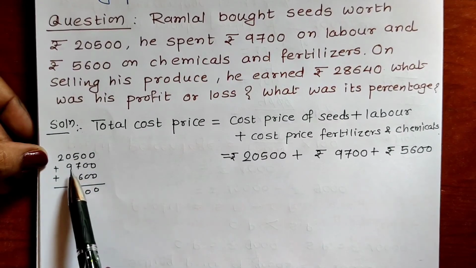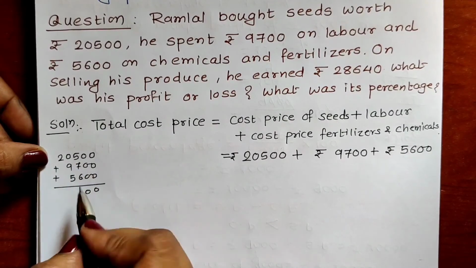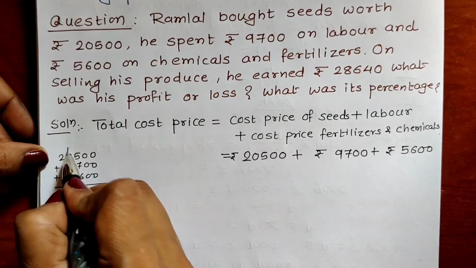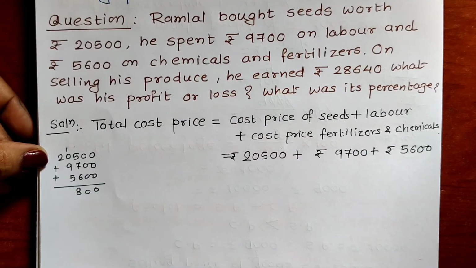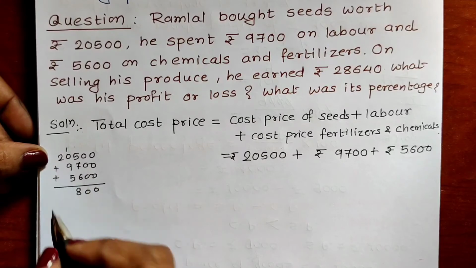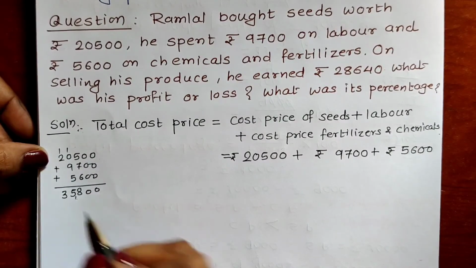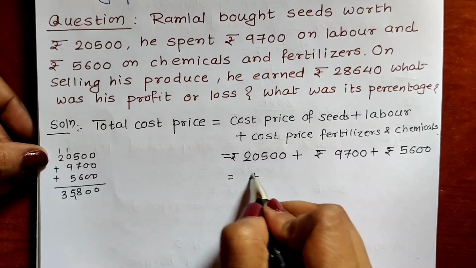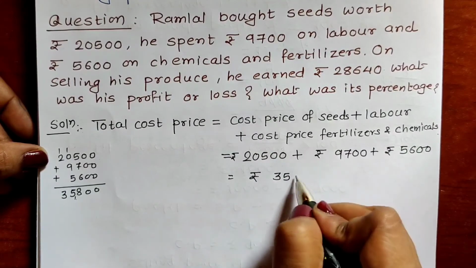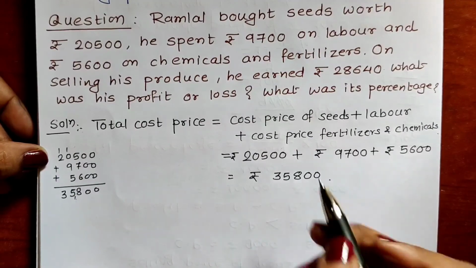0 0. 7 plus 6, 13. 13 plus 5 is 18. 1 carried. 9 plus 5 is 14. 14 plus 1 is 15. 1 carried. 35,800 is the total cost price. And selling price is how much?